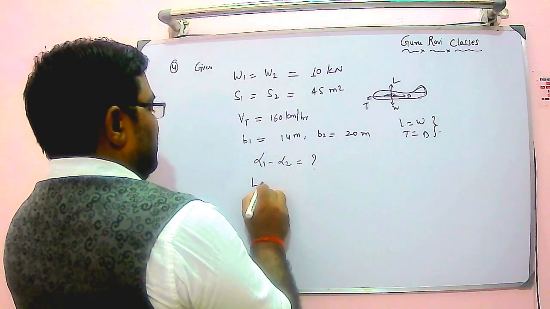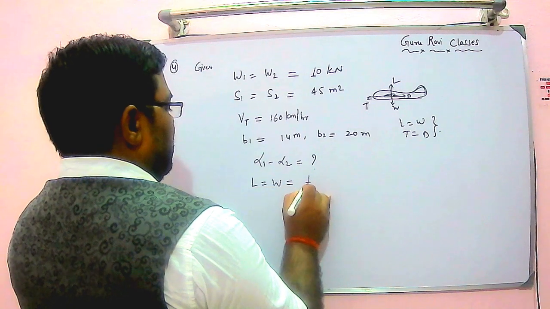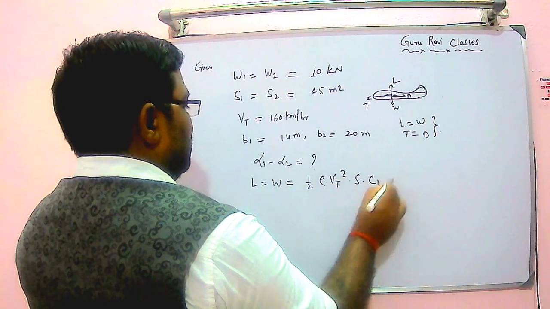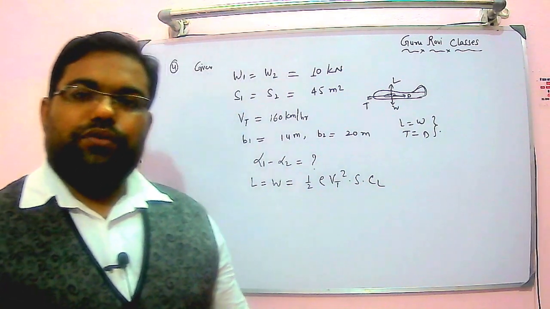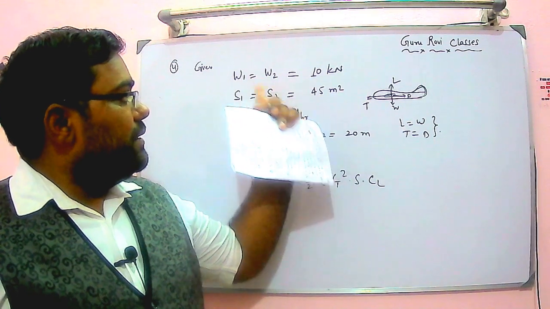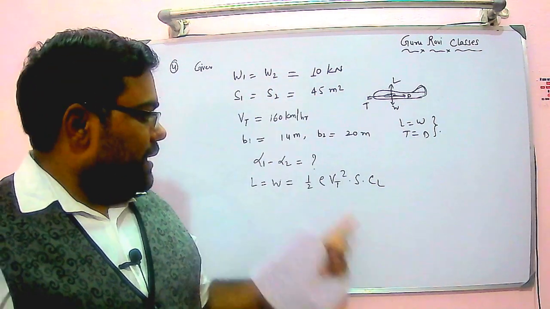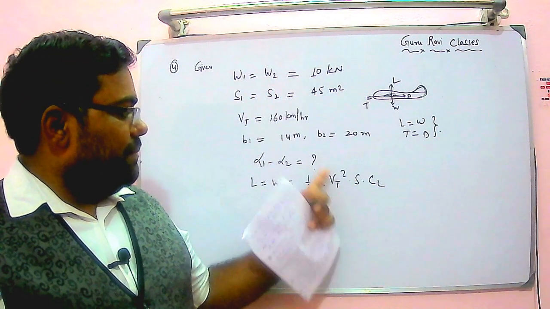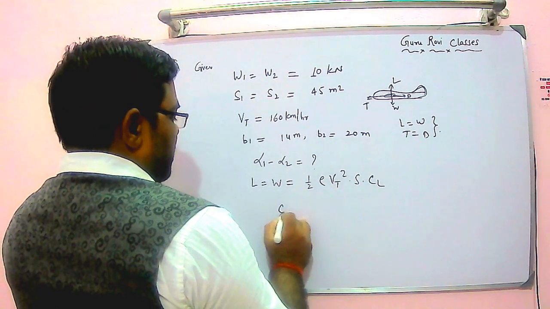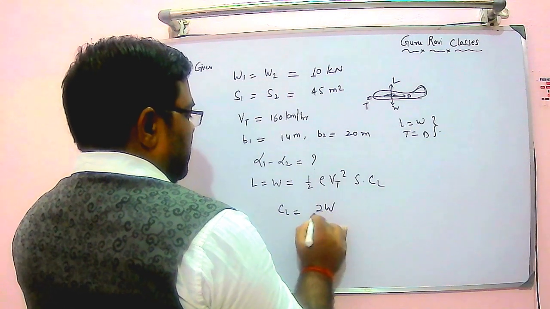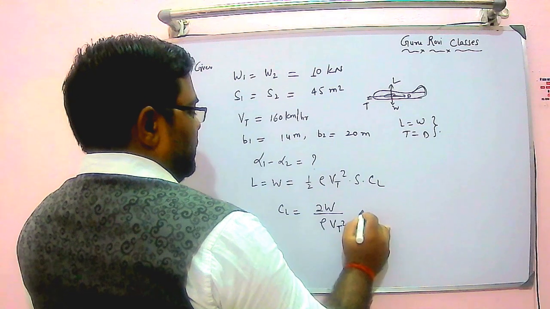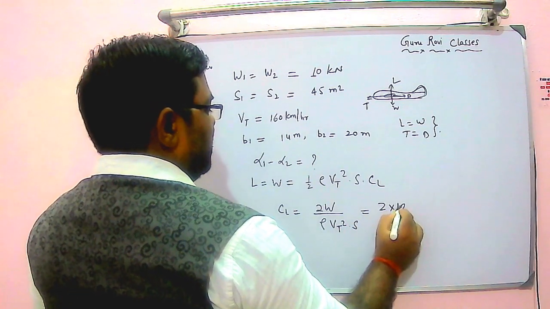Lift is equal to weight is equal to half rho V true square S into CL. We need to find out the coefficient of lift first, and the coefficient of lift will be the same for both, because wing areas and weights are the same, right? And surface area, everything is the same, and true airspeed is also the same. So from here we can write CL is equal to 2 times weight divided by density, V true square into S. So you can write 2 times 10,000, right?